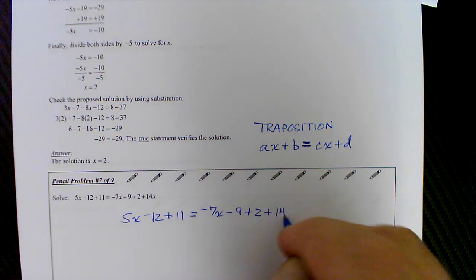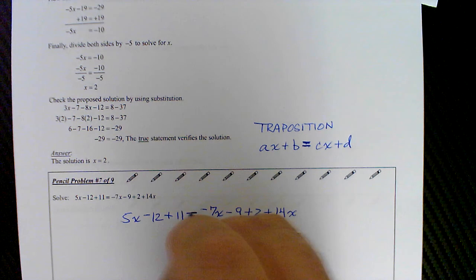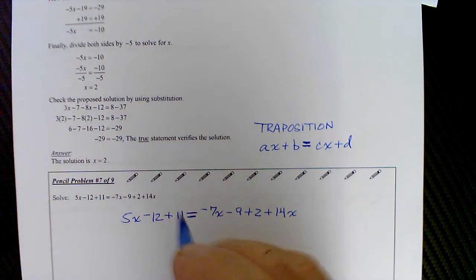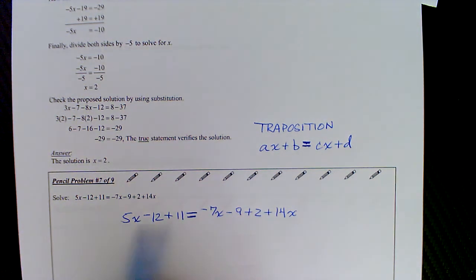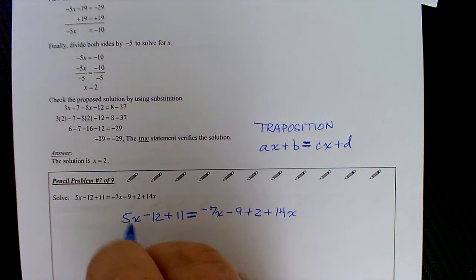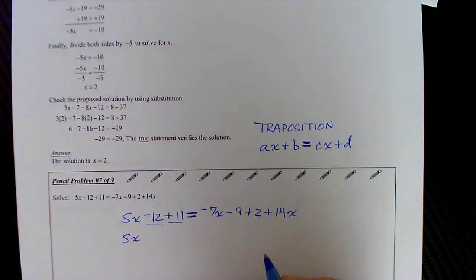Okay, here's the barrier, that's the equal sign. You can see there's more than two things on the left. There's no other x's, so I'll recopy the 5x. But if I combine a negative 12 and a positive 11, I get negative 1.